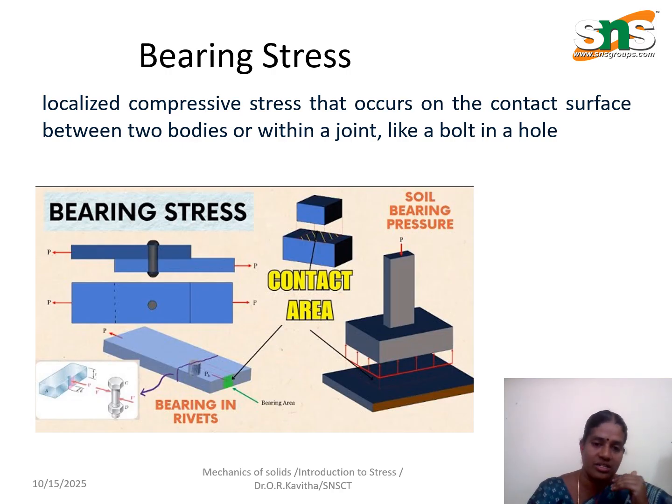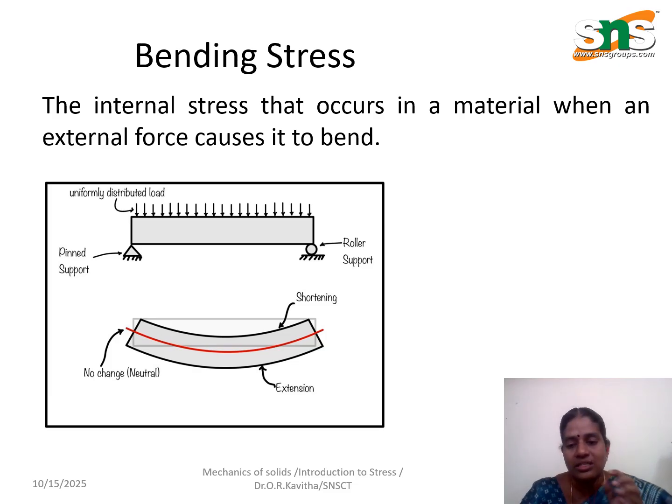And in soil mechanics, if any building is resting on the ground, an opposite pressure will be created. That pressure we call bearing pressure. So bearing stress is also very important in civil engineering.